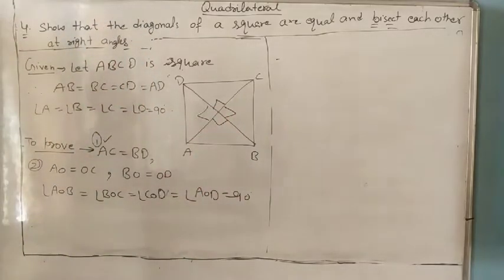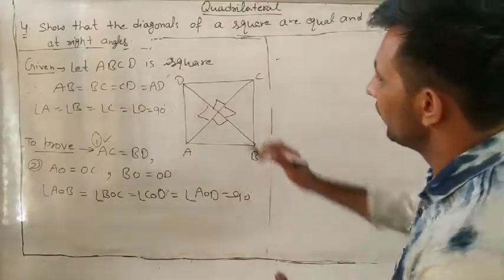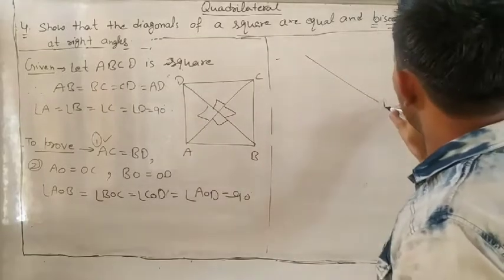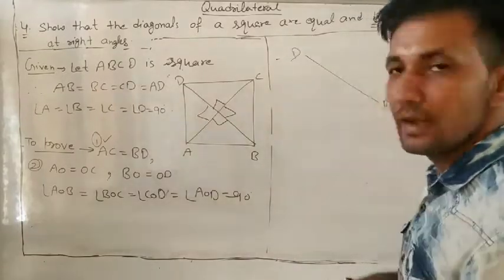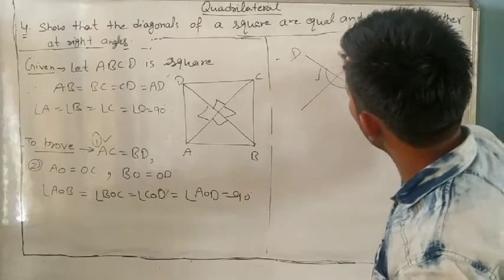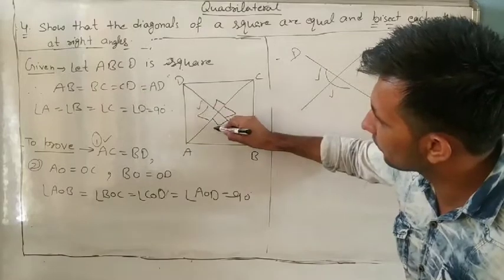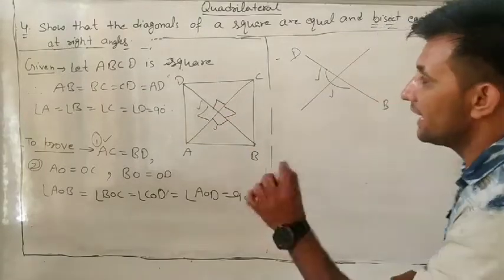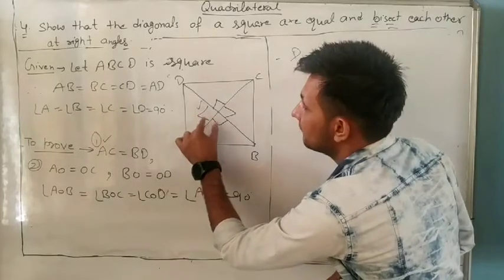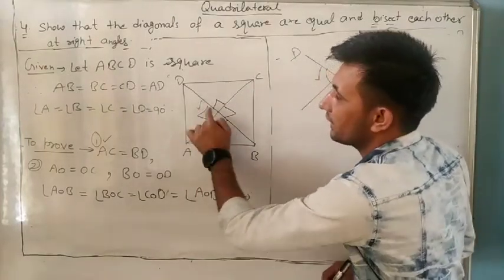If you want to prove 90, what will we do? Suppose BD is a straight line, and a straight line always makes 180, so this one and this one sum to 180. If you prove that these two angles are equal, it means each is 90, because 90 plus 90 is 180. How can you prove these two angles are equal?